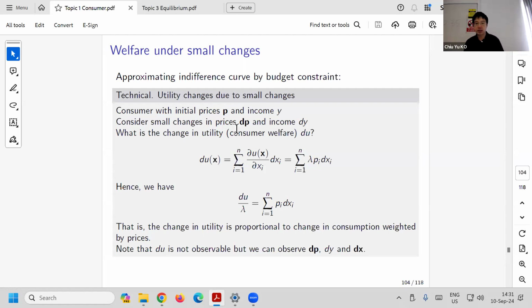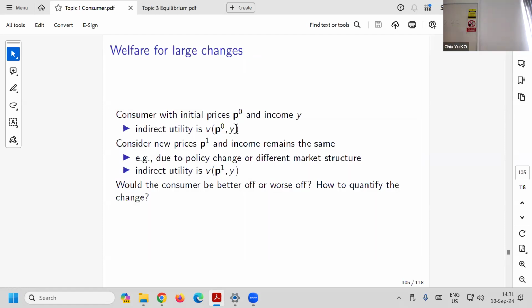Can we come up with a function that tells us how consumer welfare or utility changes? The way to do it is to start with the indirect utility function, because we observe prices and income in many cases, as a government, because of our policy changes.